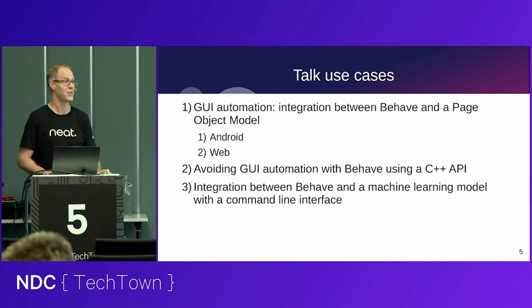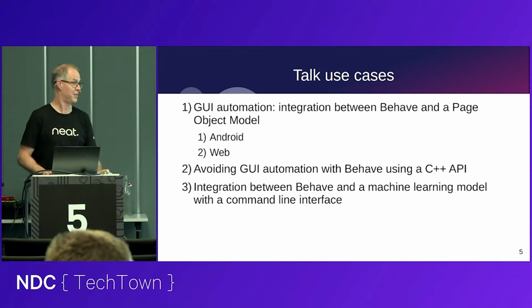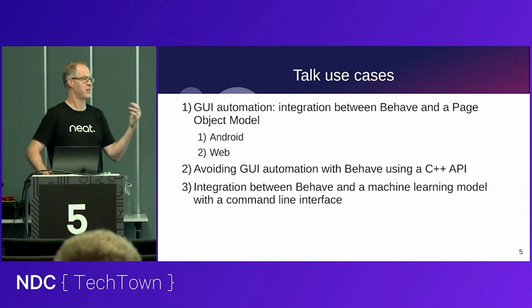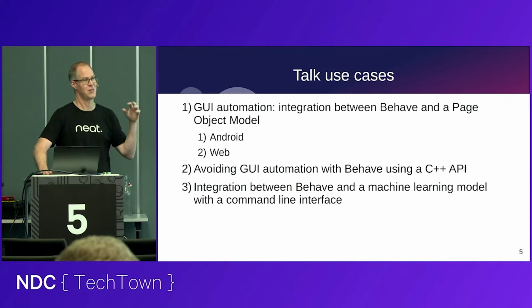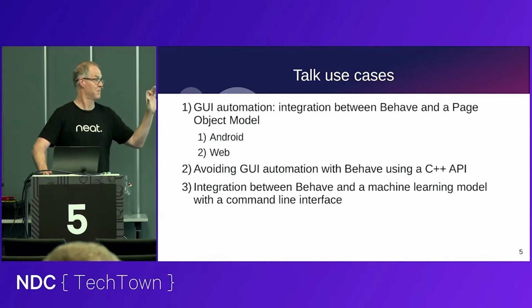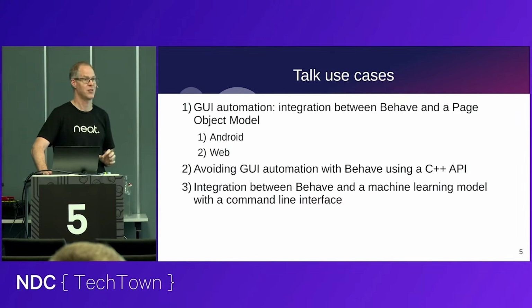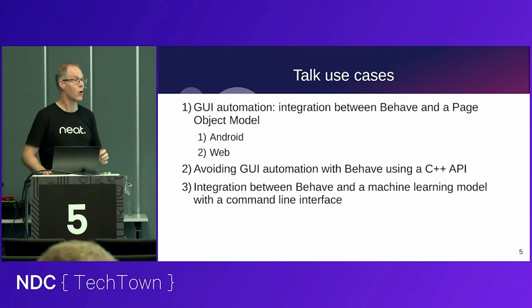A page object model is something you use for GUI automation, and it's basically a proxy for a screen that encapsulates, I'll talk about what it encapsulates, but basically encapsulates page references and operations on a screen in one place, mostly out of the interest of the DRY principle.